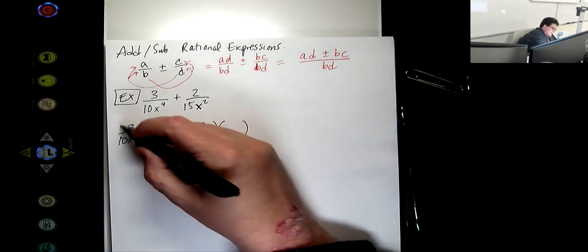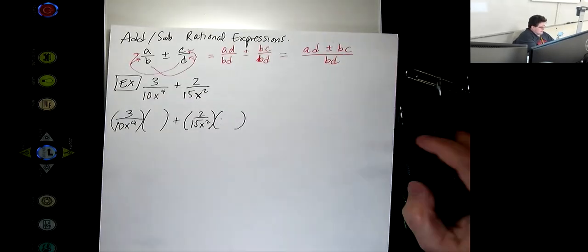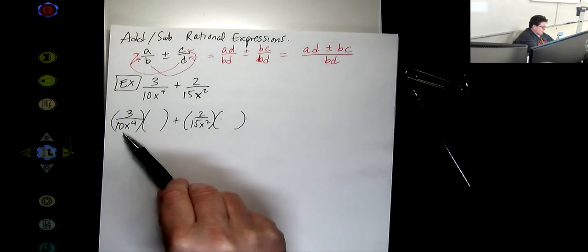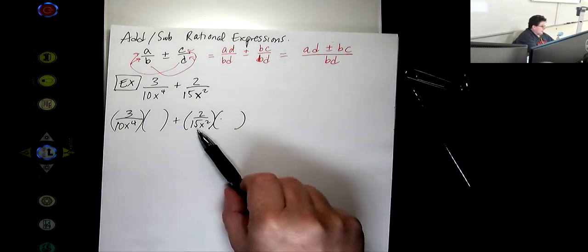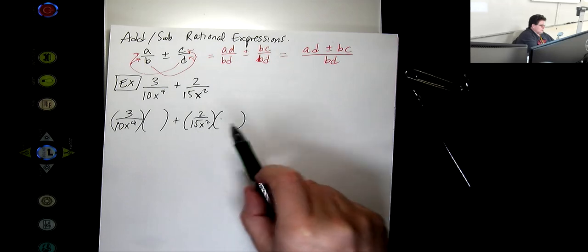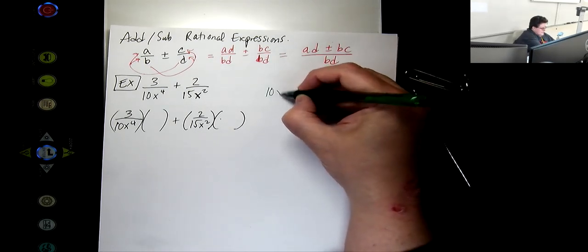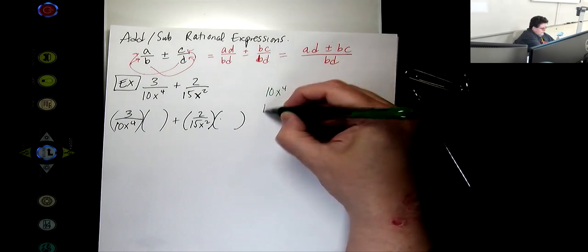And I don't know what it is yet. So rather than just using the 10x to the fourth and the 15x squared like you learn with regular fractions, I'm going to factor both of those. I'm going to factor 10x to the fourth, and I'm going to factor 15x squared.